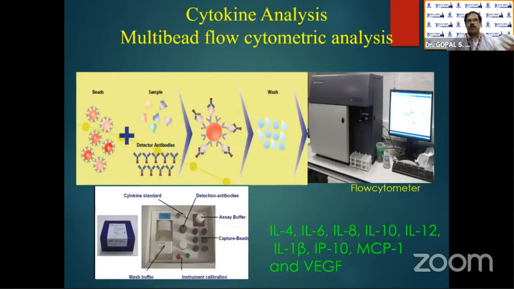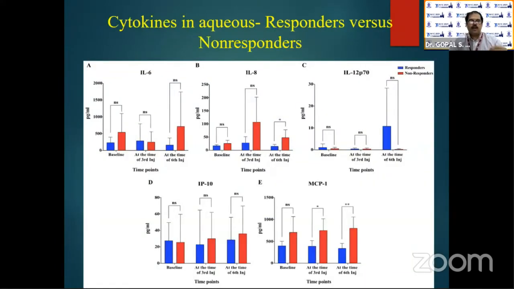So we looked at cytokines in those patients, and I tried to correlate these cytokines: IL-6, IL-8, IL-12, IP-10, and MCP-1. These were the significant cytokines which I found, and I correlated these with OCT biomarkers, so that with an OCT biomarker, can we pick up the non-responders?